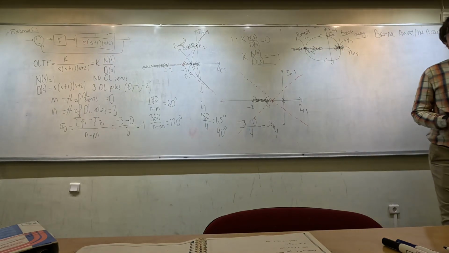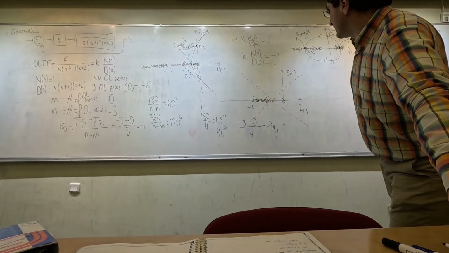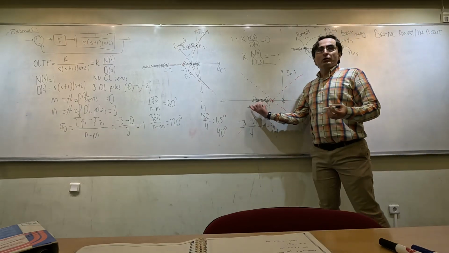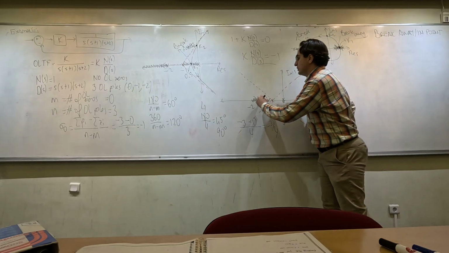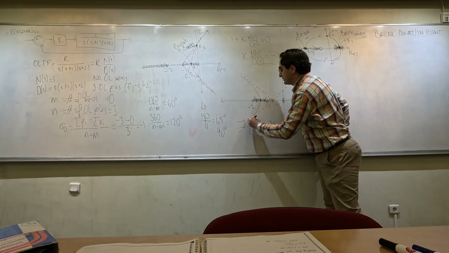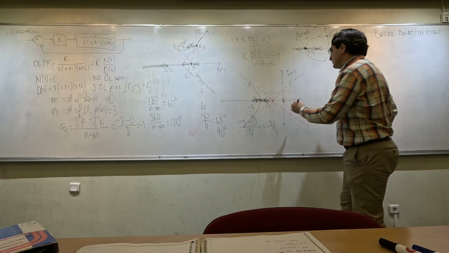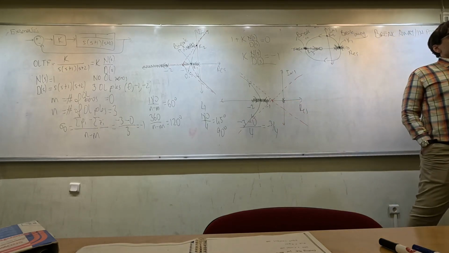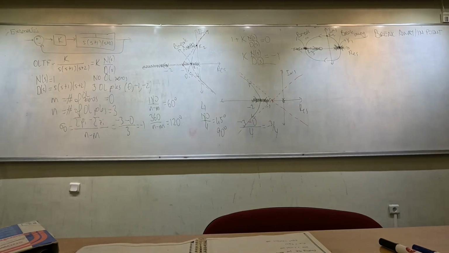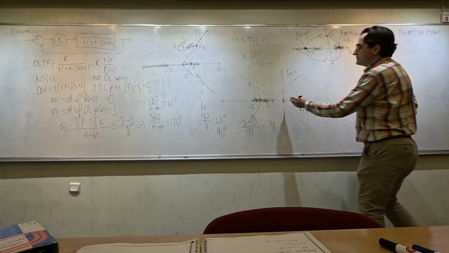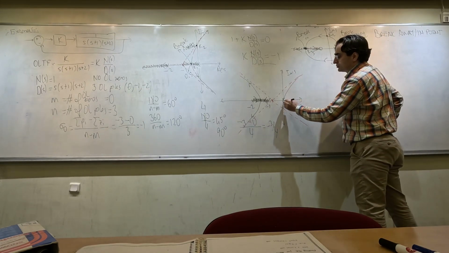Now what am I going to do? These two closed loop poles are going to start here, and then they're going to go to their respective asymptotes like this. And what about these two closed loop poles? They're going to start from here, and then they're going to go to the asymptotes.